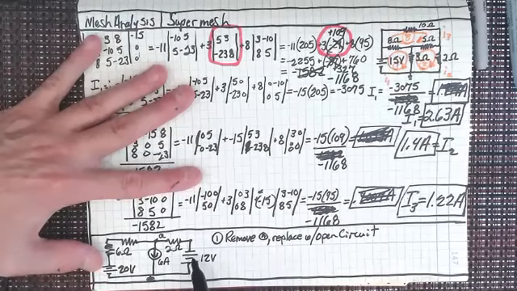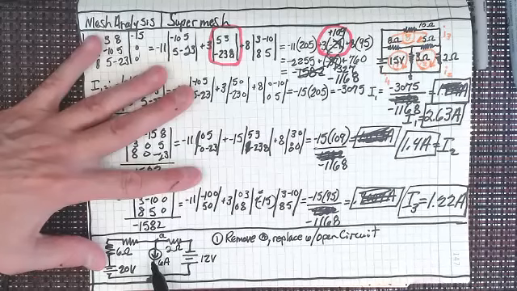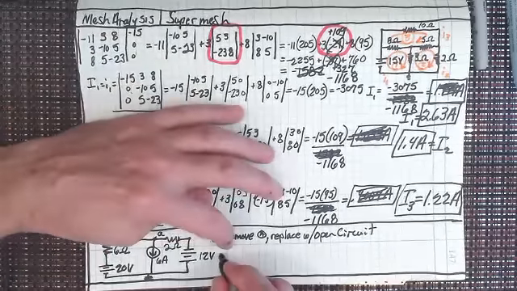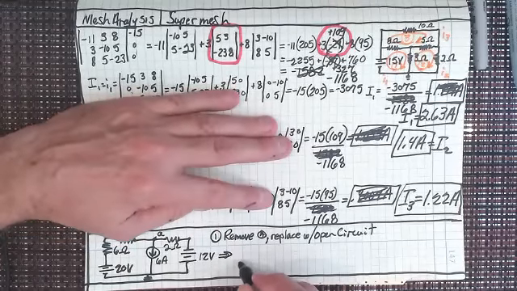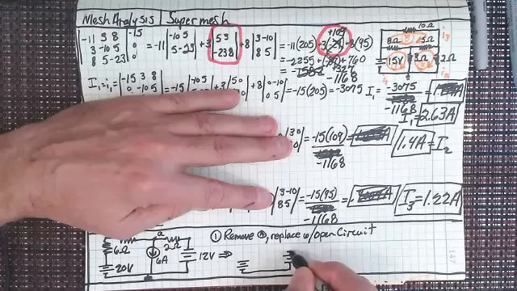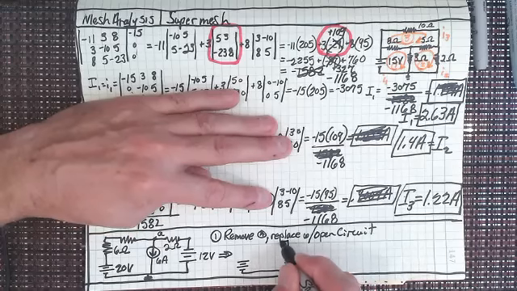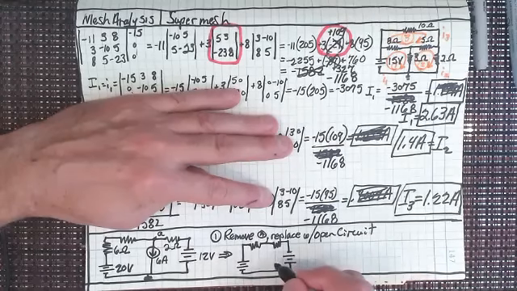Well, here we're going to replace the current source with an open circuit. So this is now going to become this. And there you go.